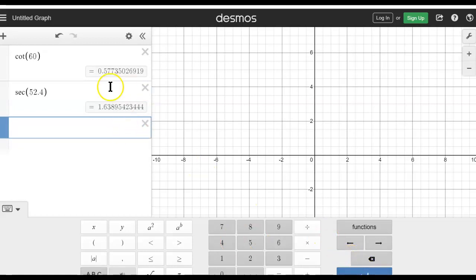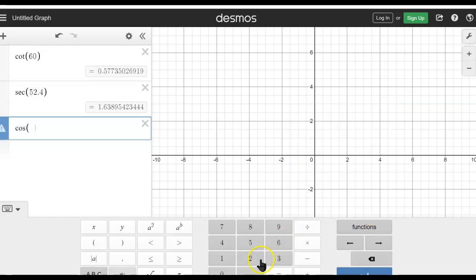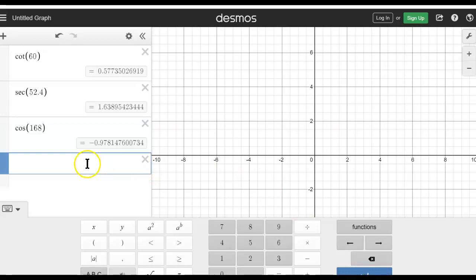And this is nice because it's going to give me that decimal answer. We'll have it rounded to a certain number of places after the decimal point. And again, these are ones that are not specifically on the unit circle. Let's suppose that I wanted to find the cosine of 168 degrees. I can enter it just like this, and it gives me the decimal value.